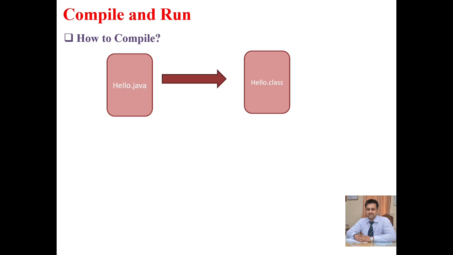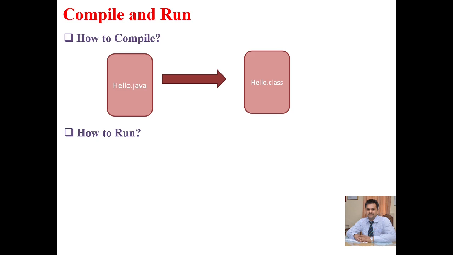Once the program has been compiled and the bytecode has been made, the same bytecode is distributed to the clients. Now the question arises: how may the client computer run this file, because this code is not understandable to any operating system?